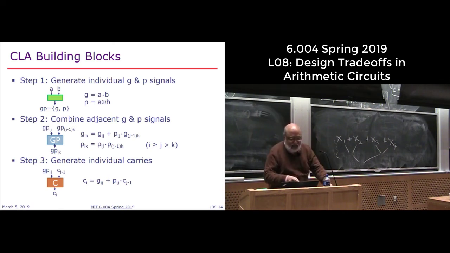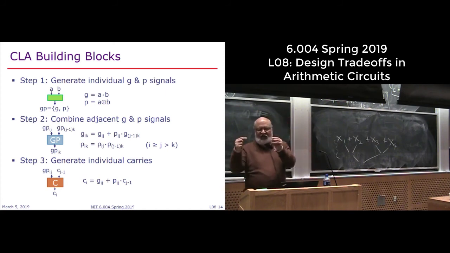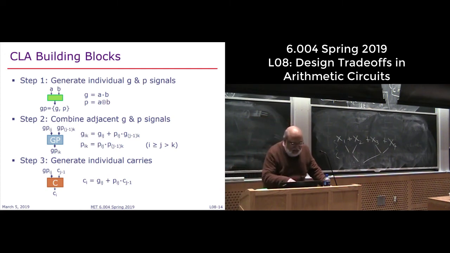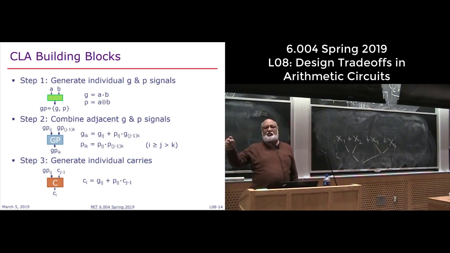So that's why it's saying that if you know the propagation from I to J, please tell me what is the carry going into J. And that will be Cj minus 1 over here. So if you know that, then I can generate the carry for J. So essentially what I have done is, I have suddenly propagated the carry from the jth spot to the ith spot.